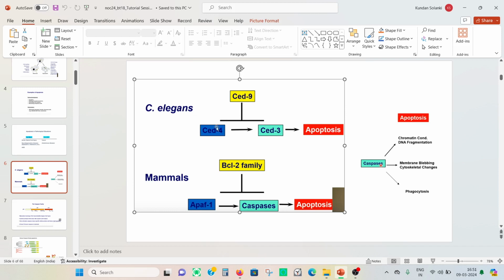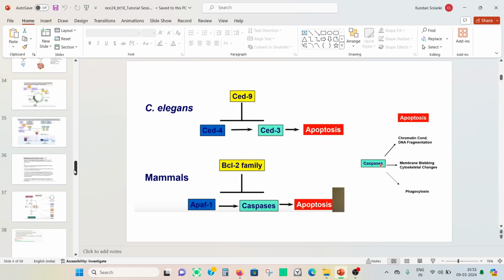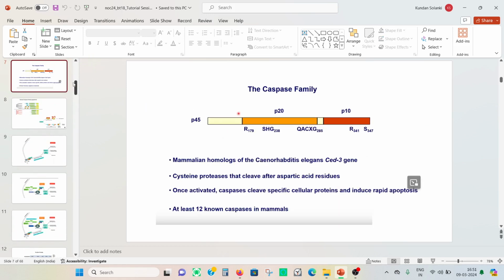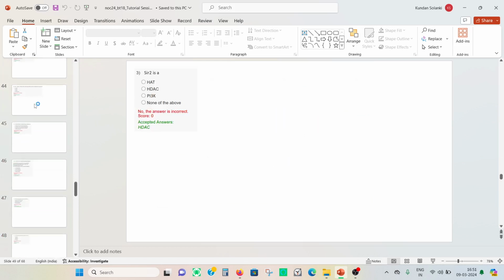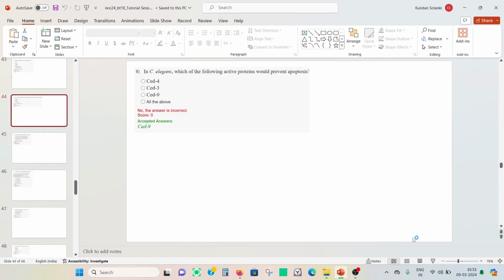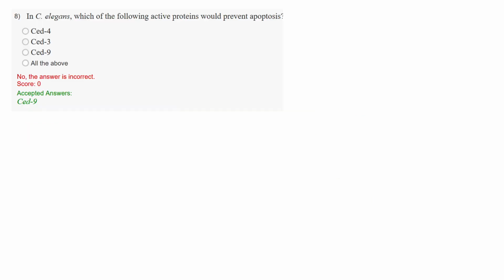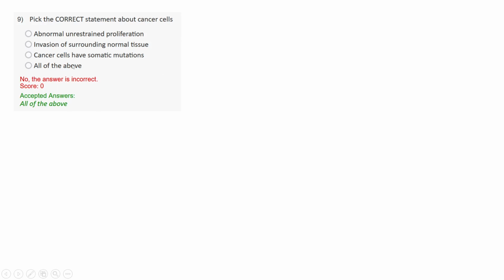And CED9 was inhibiting this CED4 and CED3 complex. So CED9 acts as an anti-apoptotic molecule over there. Okay, so CED9 is the correct option in this case.